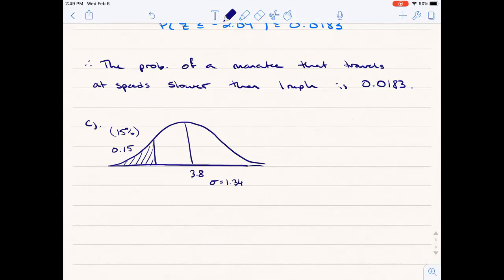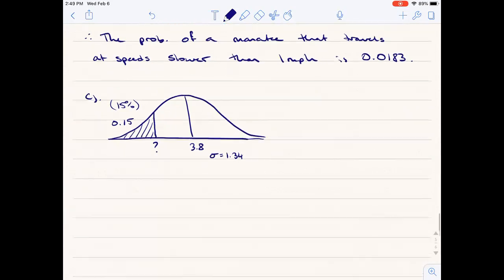You'll always want to convert your percentages to decimals for the areas under the curve, because the entries in the table are decimals. So now we're forcing this area to be 0.15, and we have to find out what this value is.